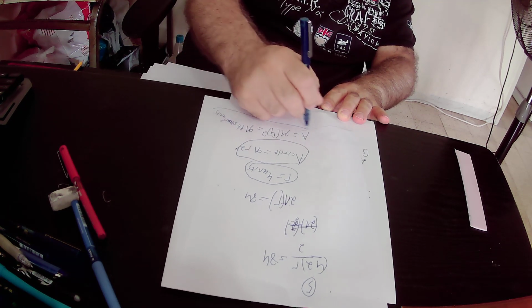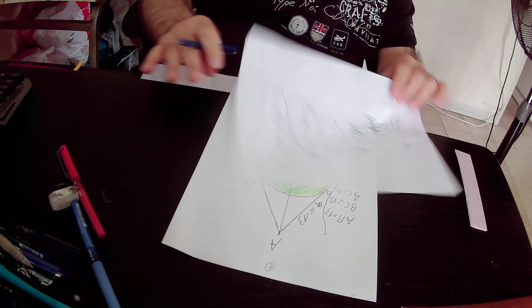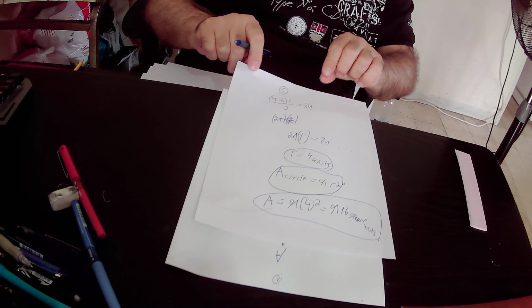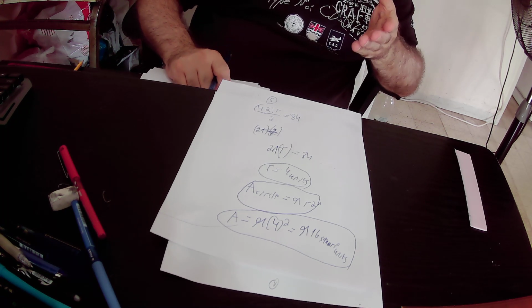Okay, so we found out that the area of the green circle equals 16 pi square units.